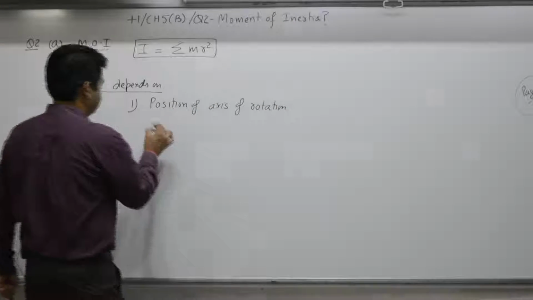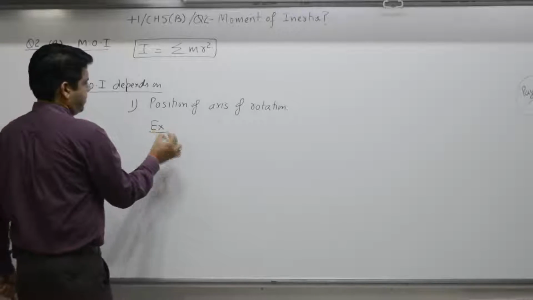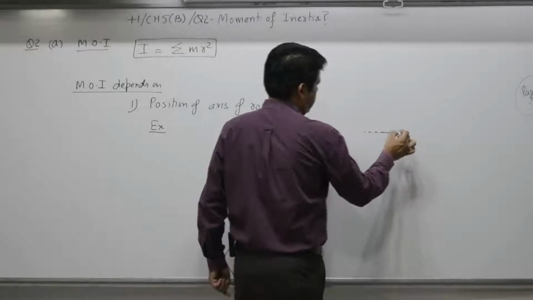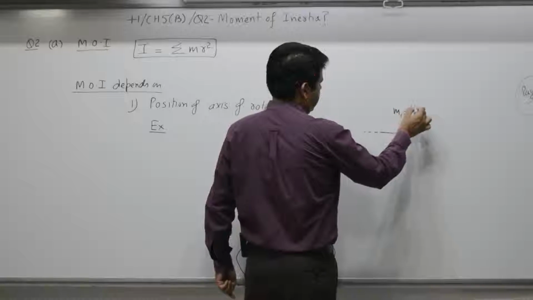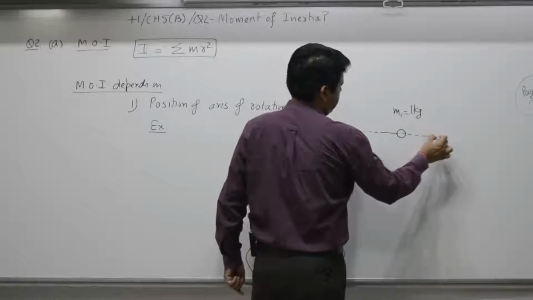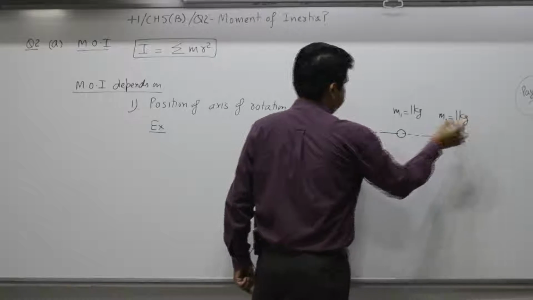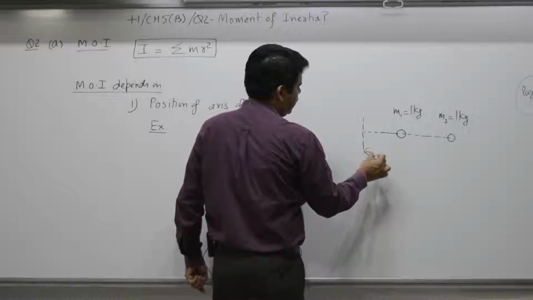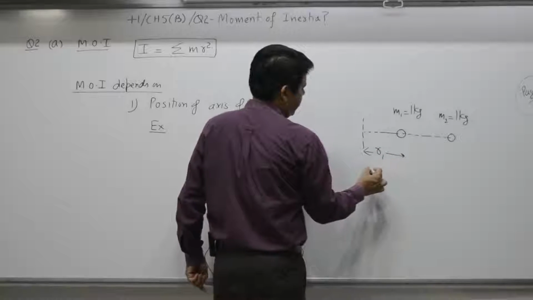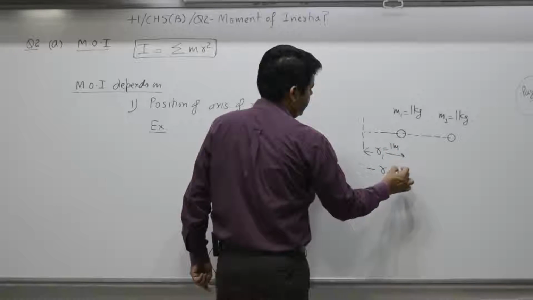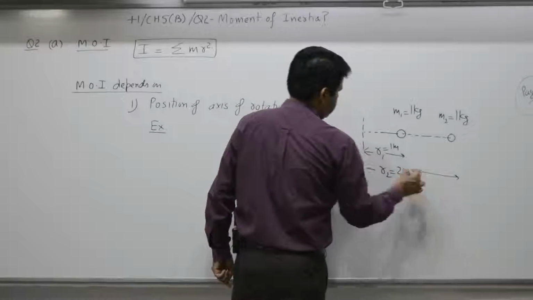Example. Object 1, 1 kg. Object 2, 1 kg. Axis of rotation: R1 is 1 meter, R2 is 2 meters.